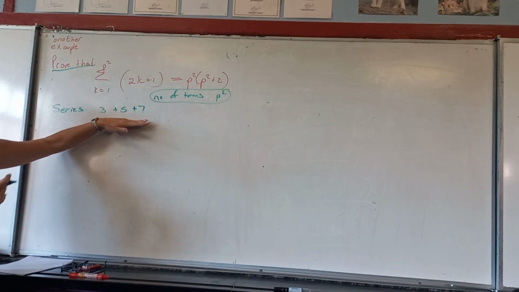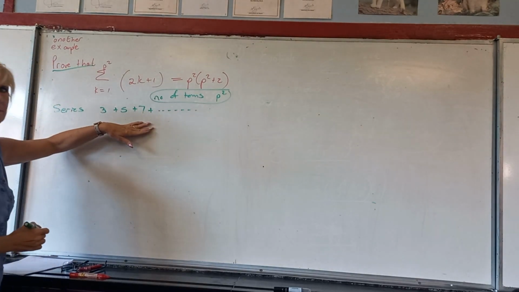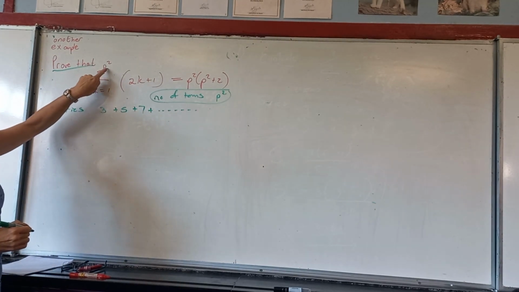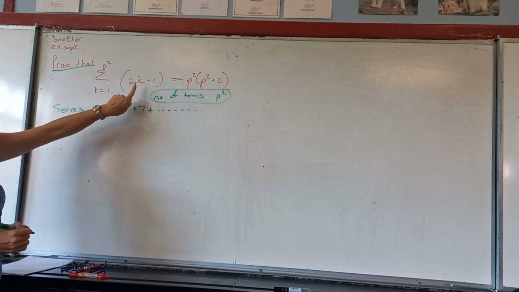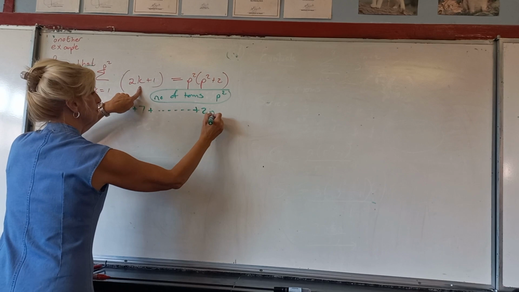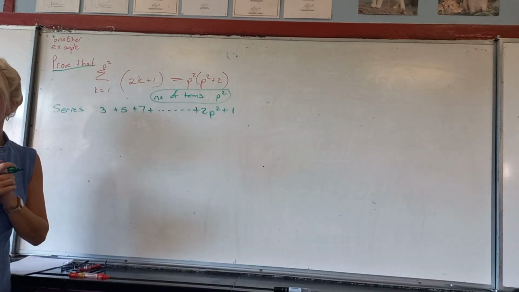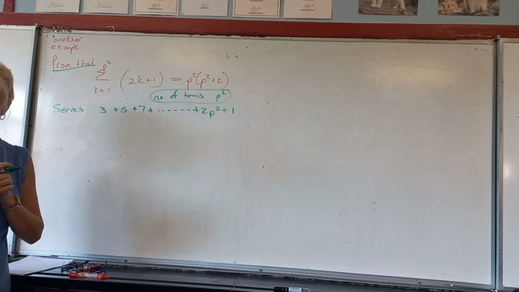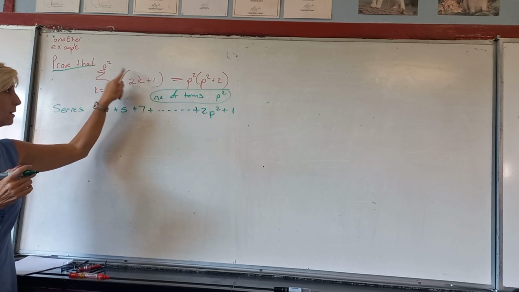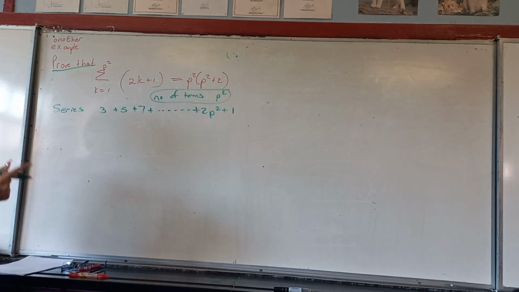So if I go on and on and on, the last term will be when I substitute p squared into k. So what's the last term? 2p squared plus 1. Are you with me? Substitute the k with p squared. Done. Now, I've got to prove that.